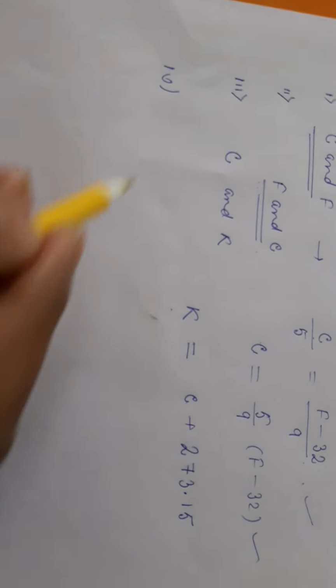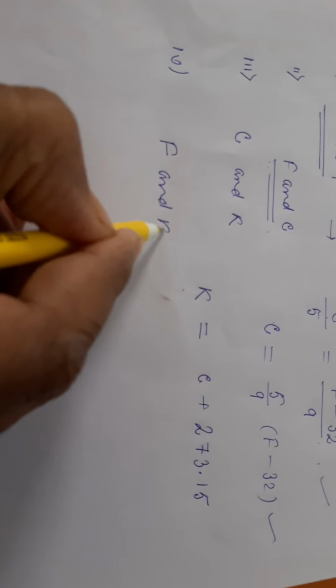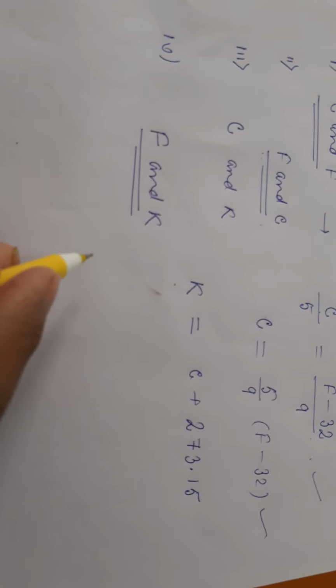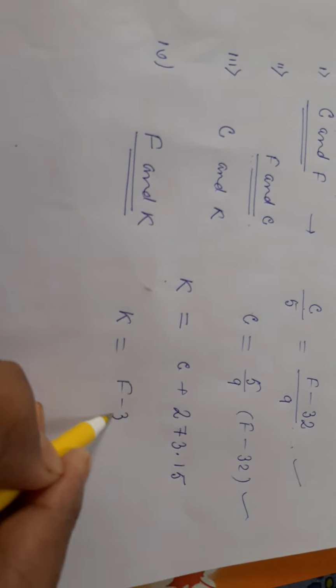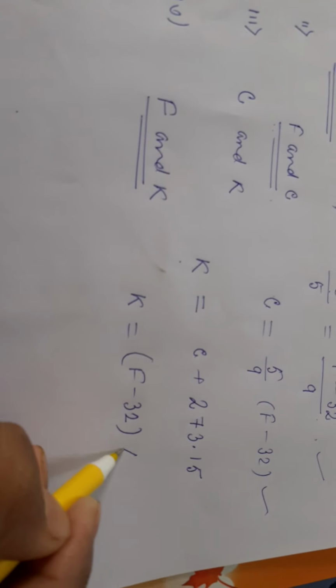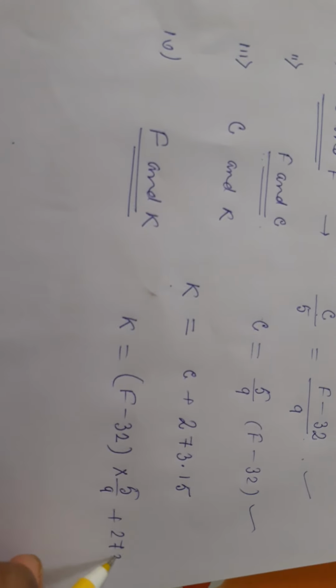Fourth one, Fahrenheit and Kelvin, F and K. In this case the numerical may come from this relation: K is equal to F minus 32 into 5 by 9 plus 273.15.